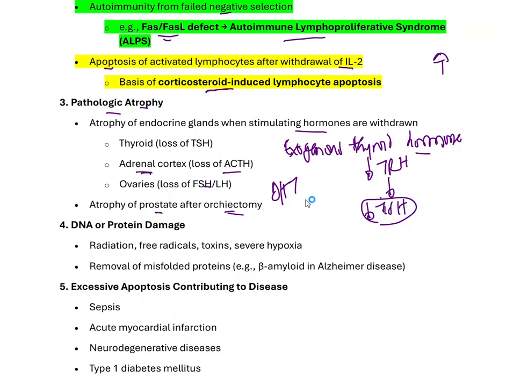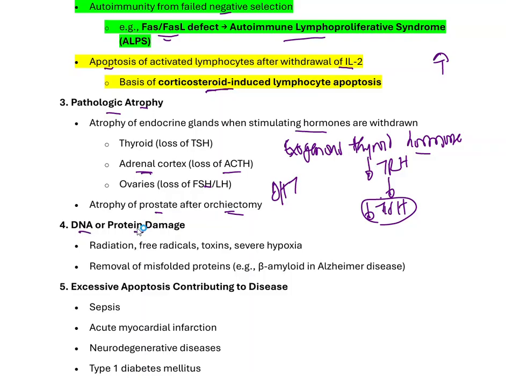Of the testes, because once you remove the testes, that will decrease the androgen, that will lead to decrease in DHT, and that will lead to less stimulation of the prostate, and that will lead to apoptosis of those prostate gland, thereby leading to what? Atrophy. Very good.